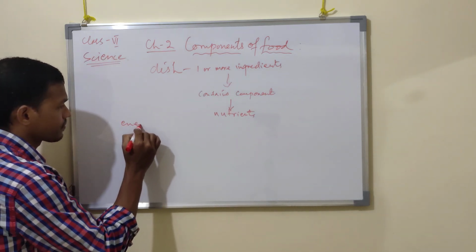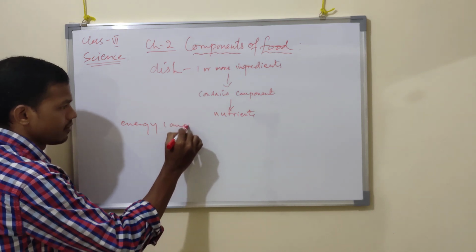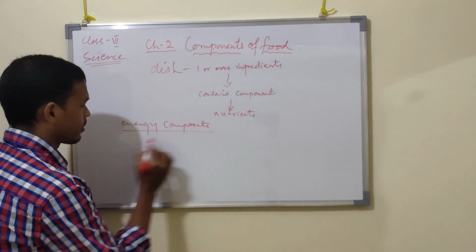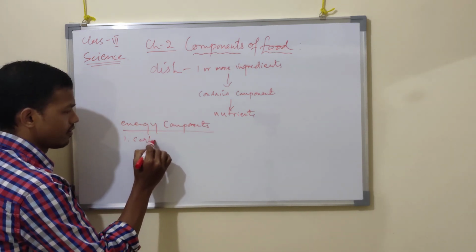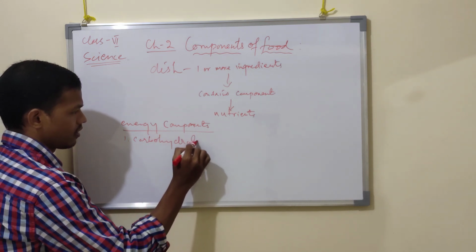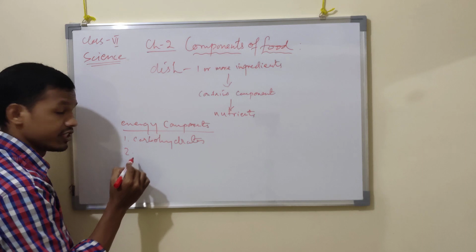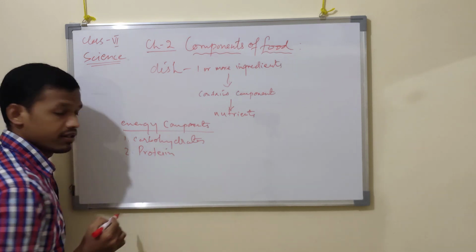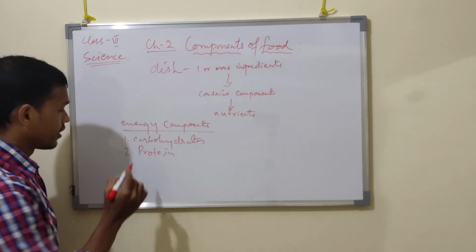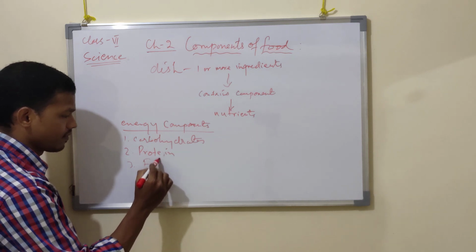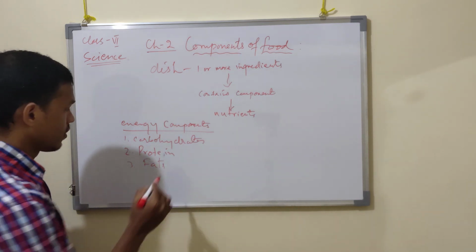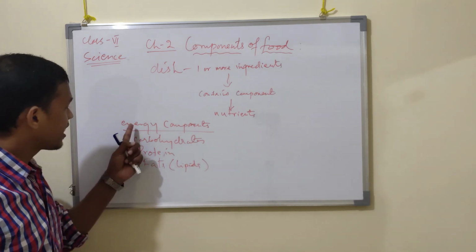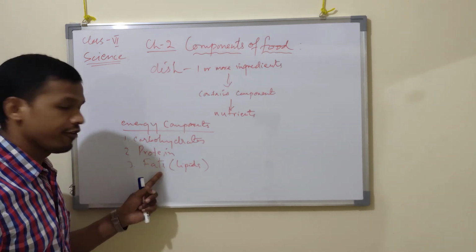The first one is carbohydrates, the second is protein, and the third is fats, or we can say lipids. These are the energy components.